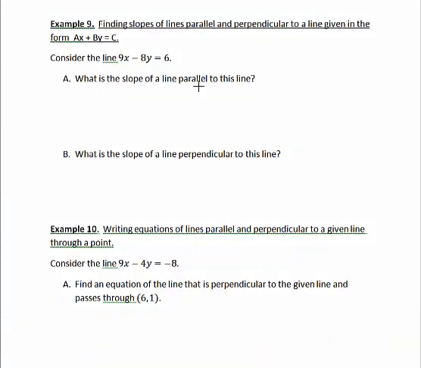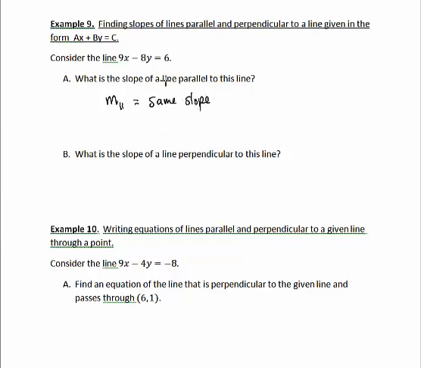Alright, example 9. Finding slopes of lines parallel and perpendicular to a given line in the form ax plus by equals c. Alright, what is the slope of a line parallel to this line? We'll write m with parallel lines below it. M parallel equals same slope.